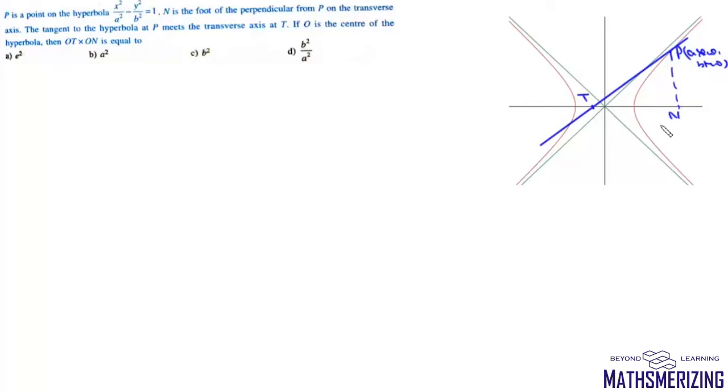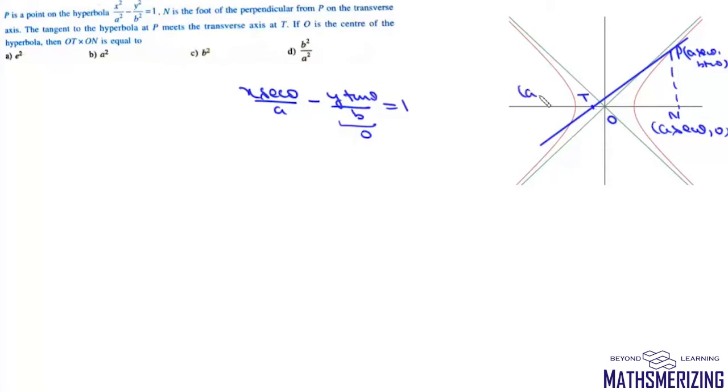Now the coordinate of N will be (a secant theta, 0). The center of this hyperbola is at O. Now we know that the equation of tangent to the hyperbola is given by x secant theta upon a minus y tan theta upon b, and it is equal to 1. Now for this point T, we'll put y as 0, we'll get x as a cos theta.